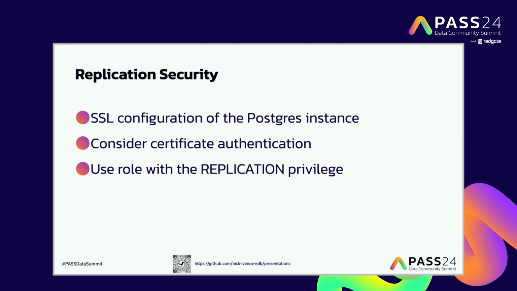It's not always easy when you have many clients, so you have the headache of managing the certificates, but for replication it's much easier because you have only a limited number of nodes that you need certificates for, so it's probably advisable to use certificate authentication for just replication. And don't use superuser privileges for replication. You don't want to mess up the primary if something goes wrong, so there's a specific replication privilege which is high enough to allow you to replicate, but not high enough to mess things up.